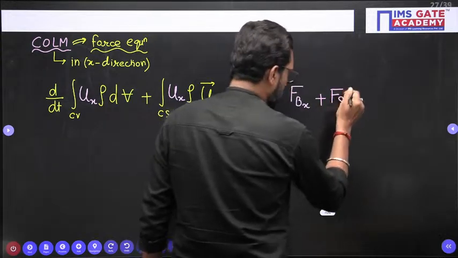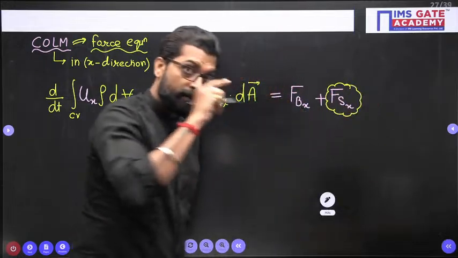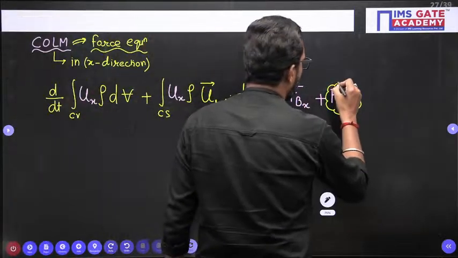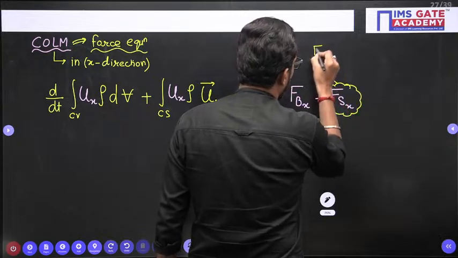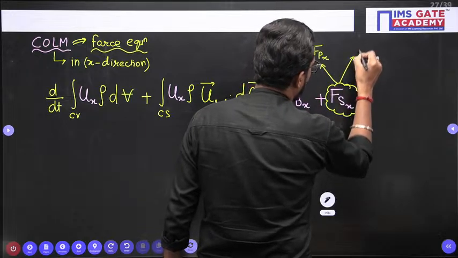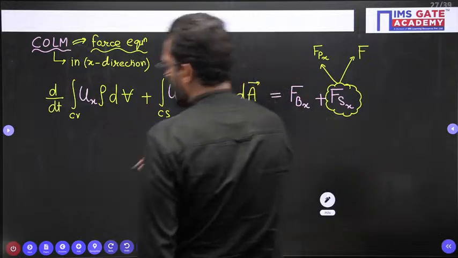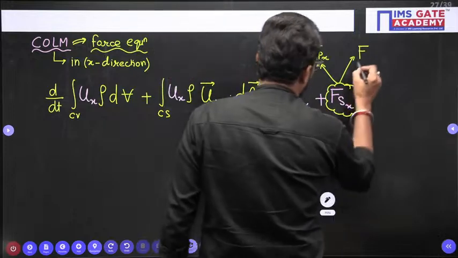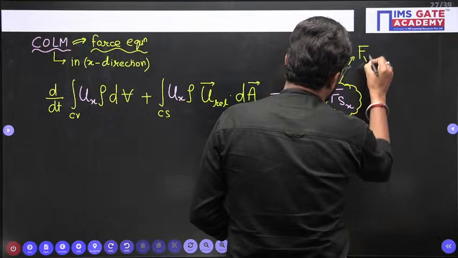My dear, this surface force has two components. One component is the pressure force in x direction, the other is the viscous force, that is the drag force, in x direction.